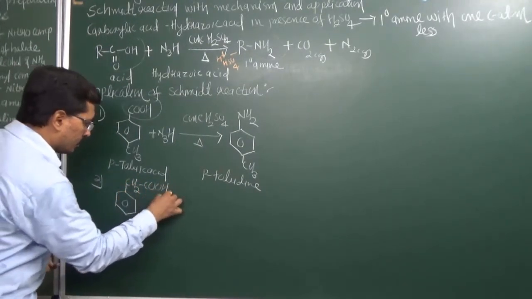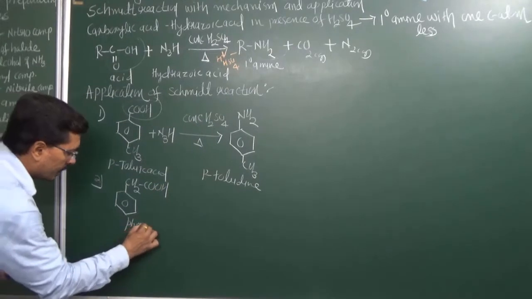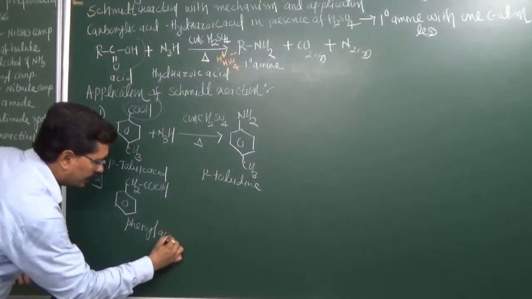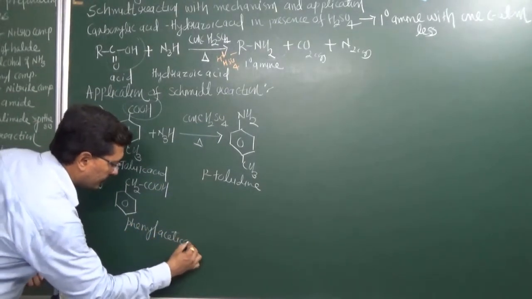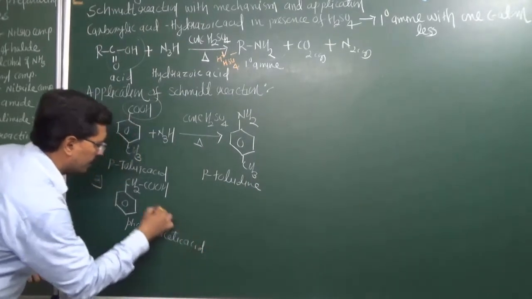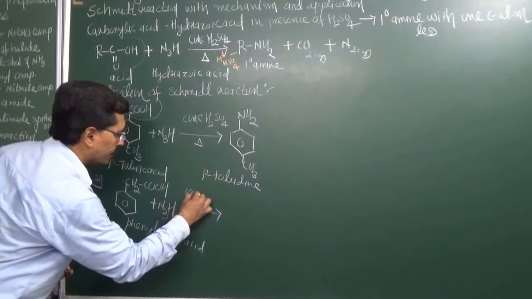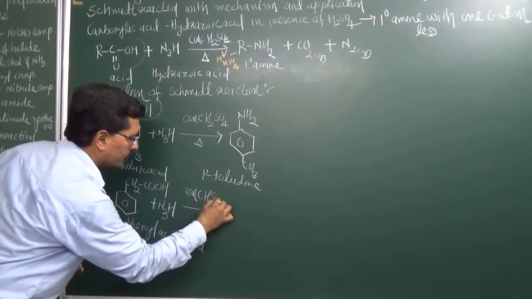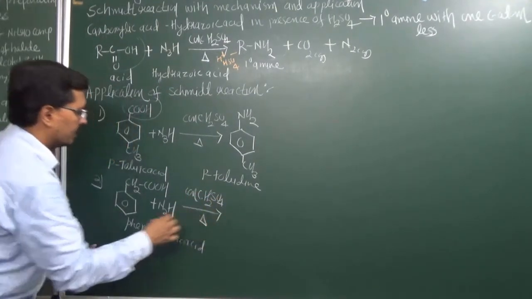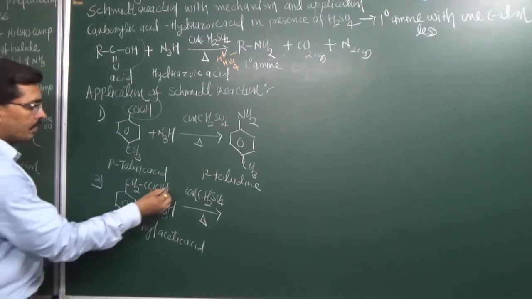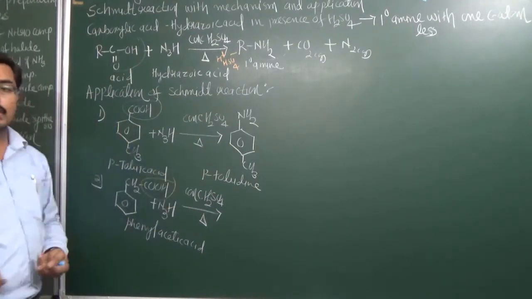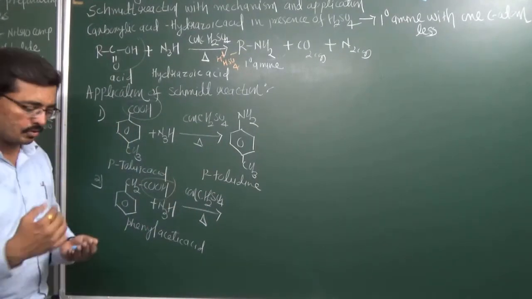Now second, suppose we have phenylacetic acid. This is the structure of phenylacetic acid. The same condition, no change: N3H and concentrated sulfuric acid. The carboxyl group, according to the mechanism, will convert into NH2 via isocyanate.